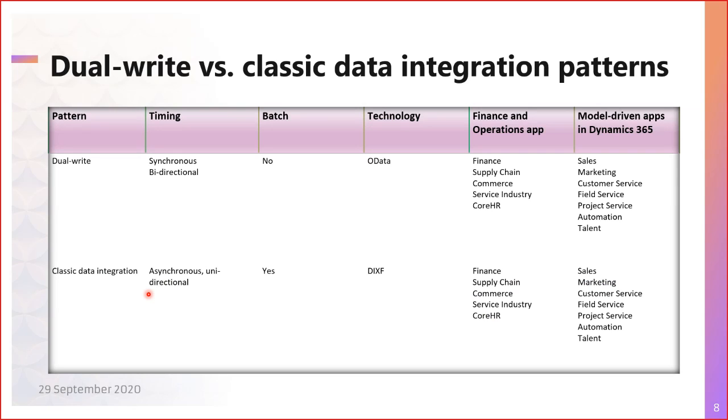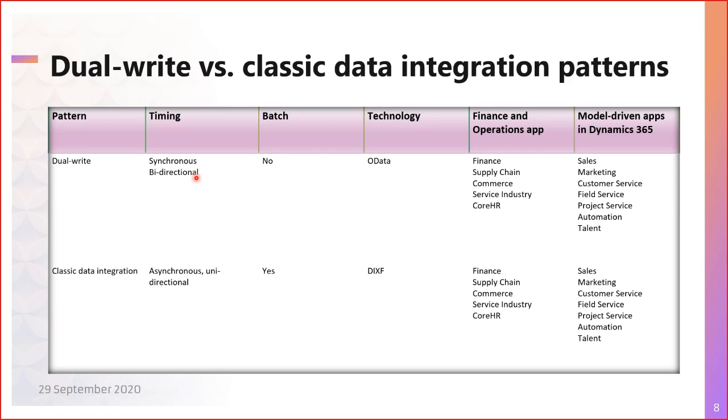Now to start with the first two patterns, it's Dual-write and classic data integration patterns. If we see this table here, we are explaining the Dual-write. So Dual-write is a synchronous pattern and bidirectional. You create a request, you create some data in finance and operations, and it will go to your CDS environment.